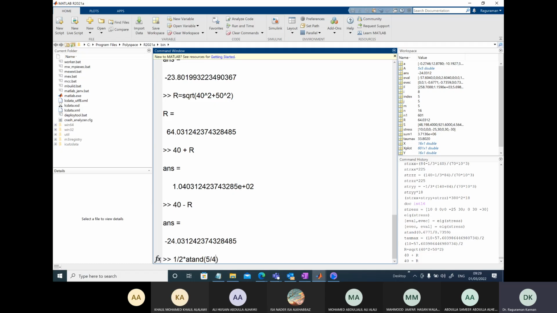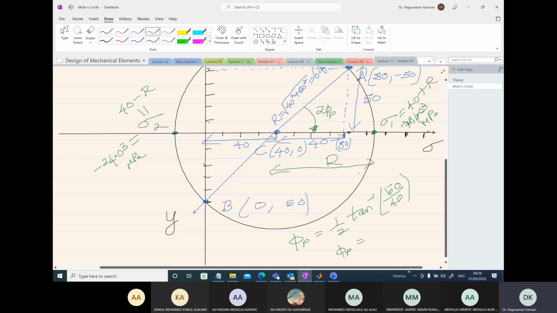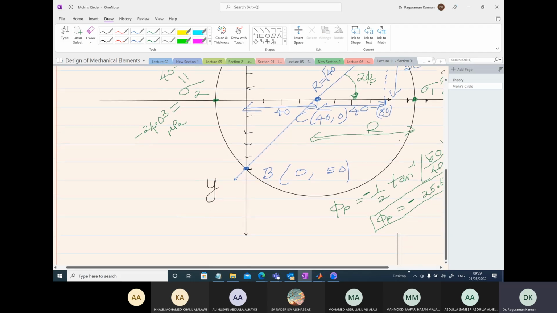We get the angle 25.67 degrees. In the clockwise direction, since it is clockwise with respect to the x-axis, we write the negative sign. And the value is negative 25.67 degrees. So this is the angle. Okay, so we have the principal stress and direction.